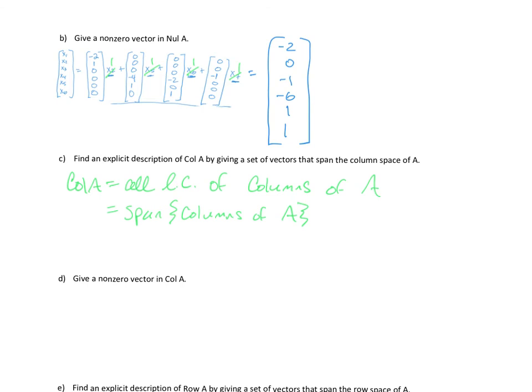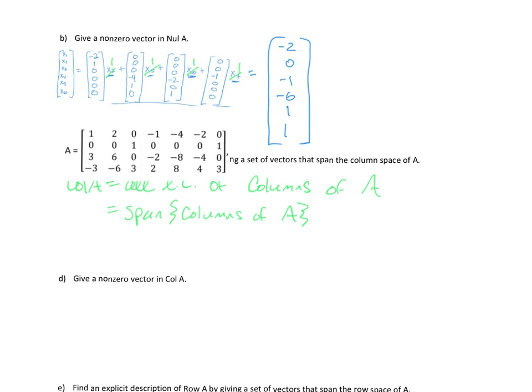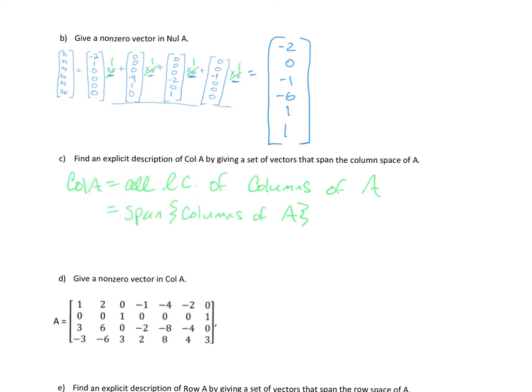I'm just going to leave it like that. Any non-zero vector in col A, I could add them all together. I could just pick any weights you want and put them on the columns of A. So let's okay, so there's A. A non-zero vector in col A will be any linear combination of the columns of A. So you just put some weights on each of the columns.